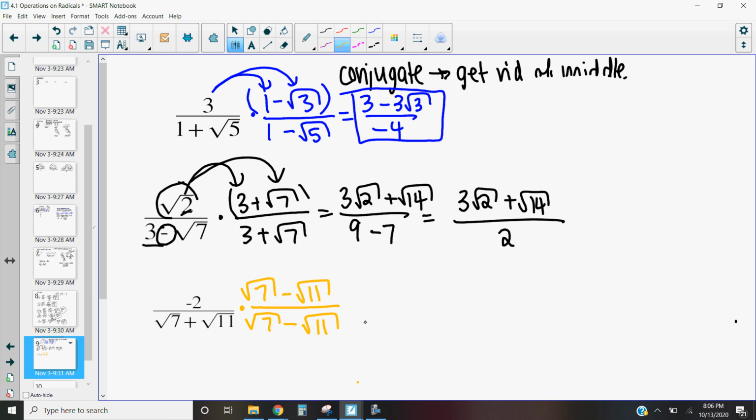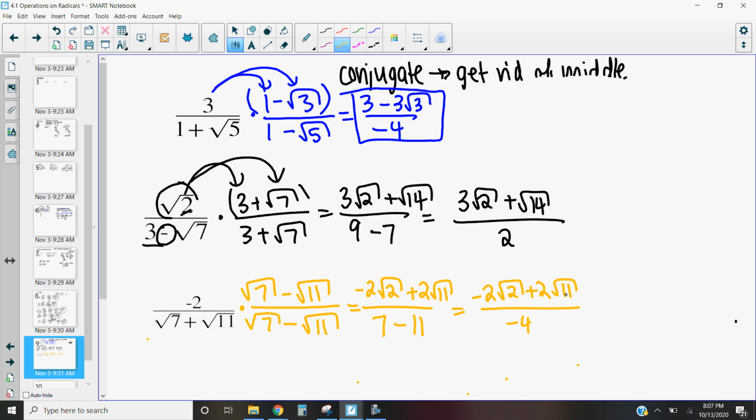Now, as we multiply these, what we end up getting is the bottom is root 7 times root 7, which is going to be 7, root 11 squared, which is minus 11, over negative 2 times root 7, negative 2 root 7, plus 2 root 11. Now, as we simplify this, I get negative 2 root 2 plus 2 root 11 over negative 4.